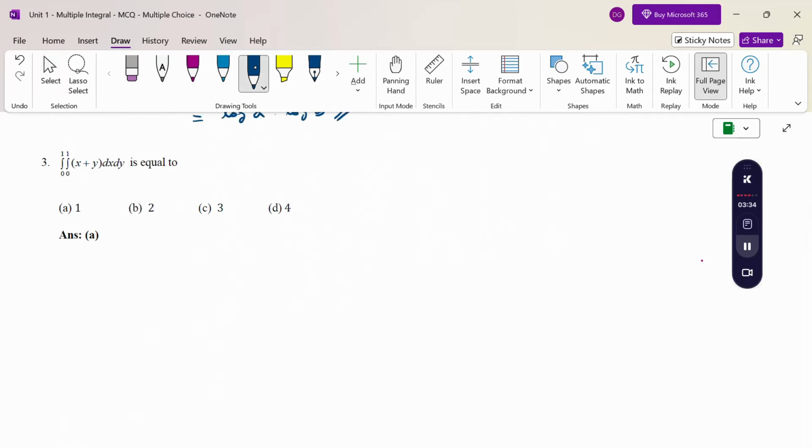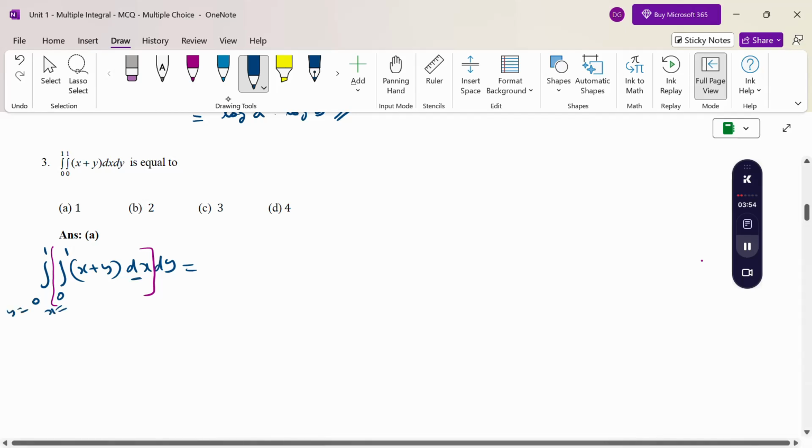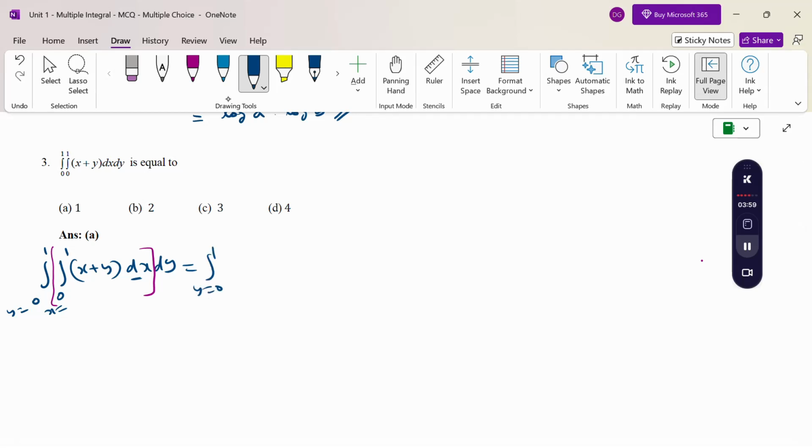So now the next problem, double integration of x plus y dx dy, 0 to 1, 0 to 1. First integration with respect to x, so the first limit is the x range, next the y range. Integration of x dx gives x square by 2, plus y dx, y is a constant, gives y x, the limit 0 to 1, dy.